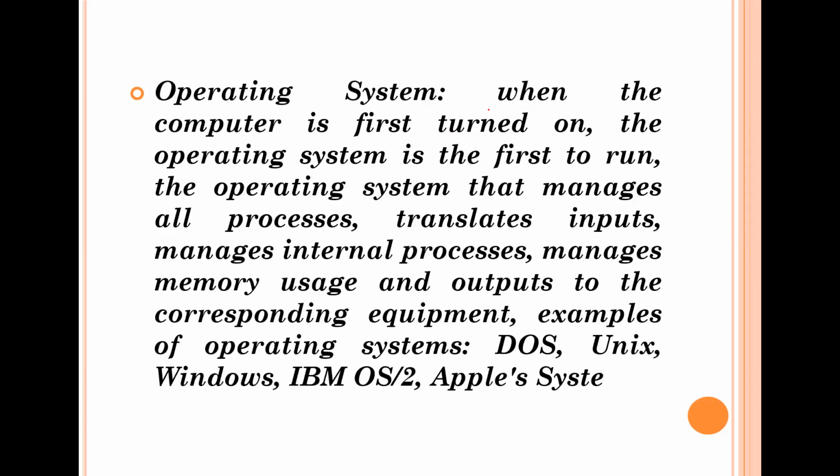Okay, then we've got another type of software called the operating system. You can see from the beginning, when you first turn on the computer, that something is running there. That was an operating system.